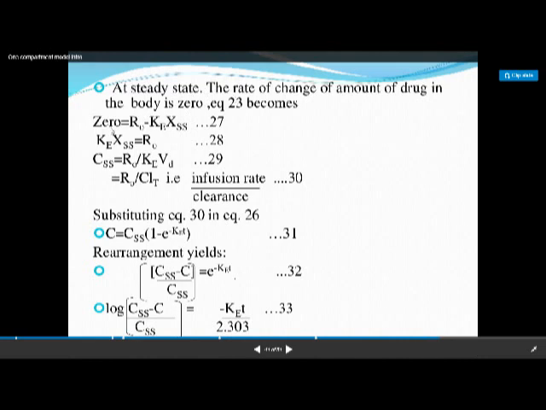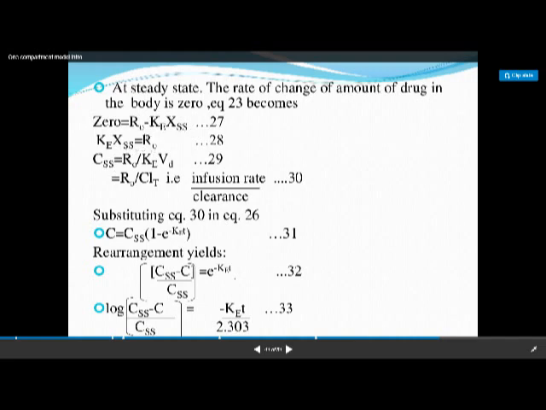So it is 0, and there is no change in the amount of the drug. The drug is constantly administering. So 0 is equal to R0 minus KE into XSS. So this equation we can rewrite as KE XSS is equal to R0, right?